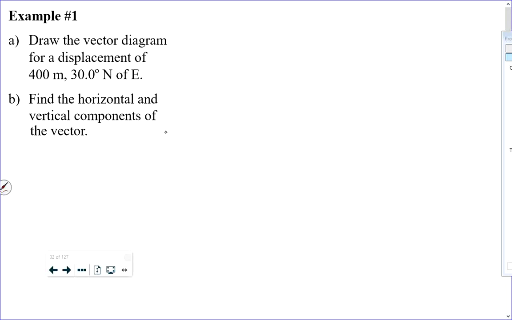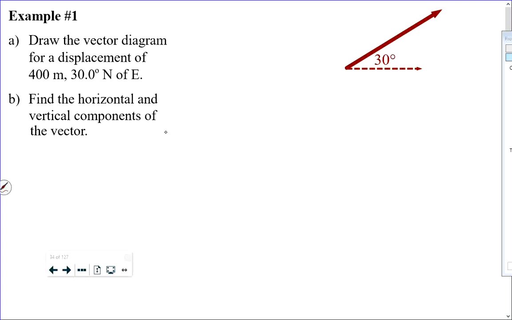So here is how I would begin to process this in my brain. I'm looking at that point and I'm saying that's where I'm going to start drawing this vector from, and this arrow is pointing east. But I want to draw a vector 30 degrees north of that. So my vector is going to be in that direction.